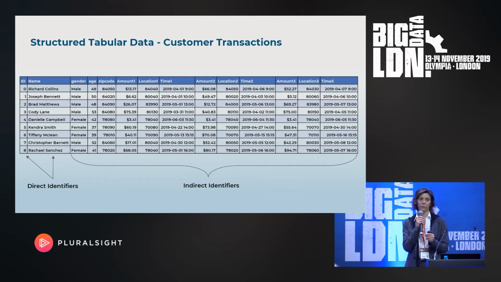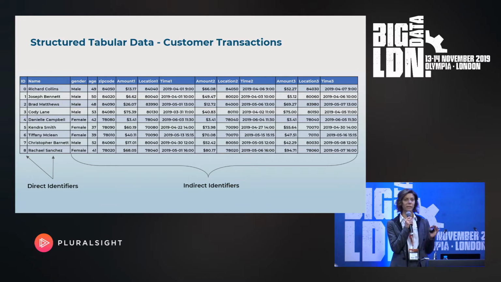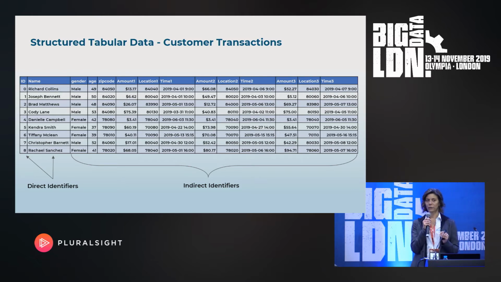Here's another example of some customer data. And this one is a little bit different in that it contains transactions. So consider credit card transactions. It could be banking transactions. Now, we have the typical direct identifiers, but now those transactions are also indirectly identifying. And why is that? Well, think about what's in those transactions.